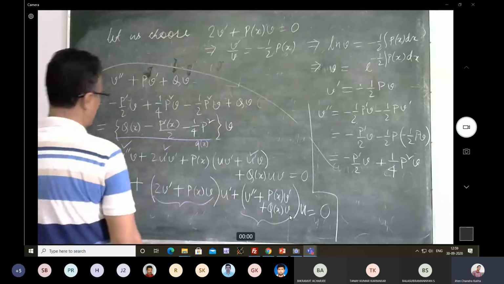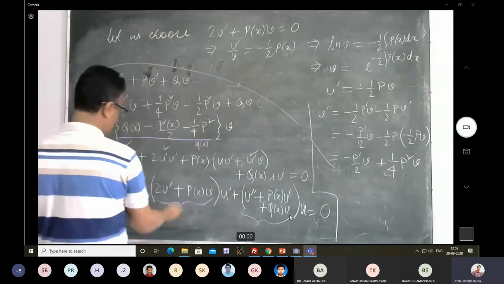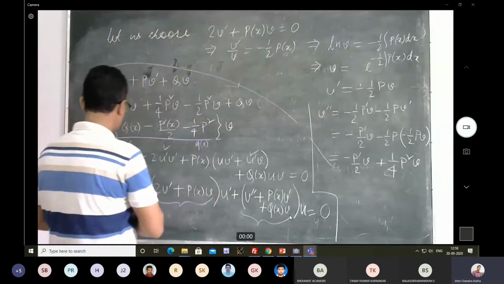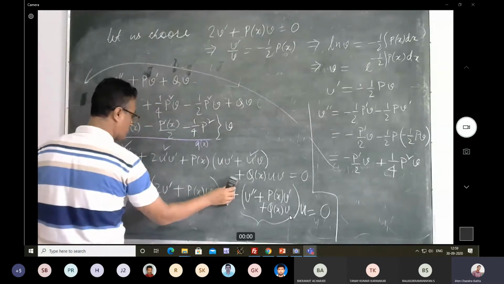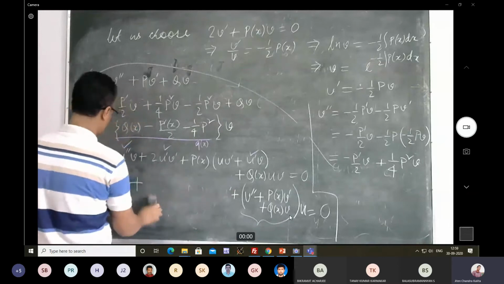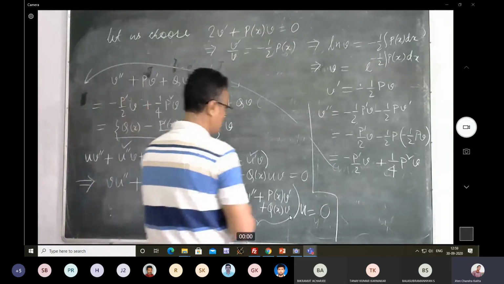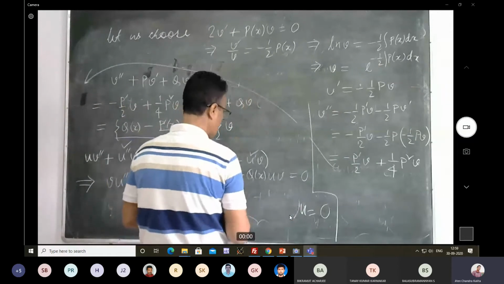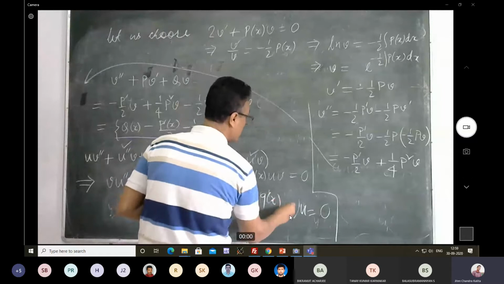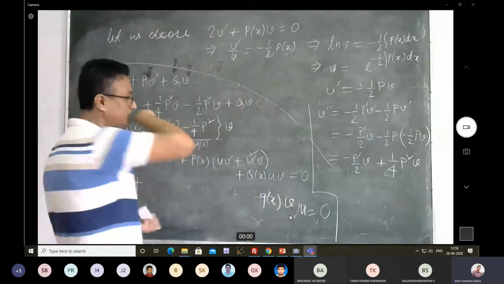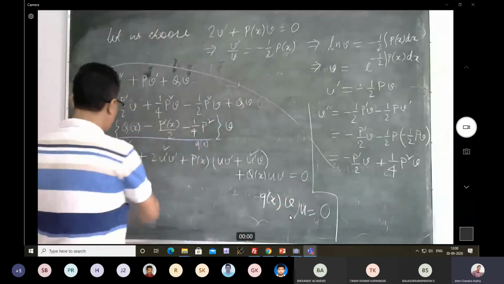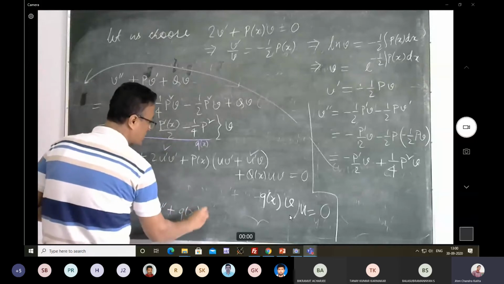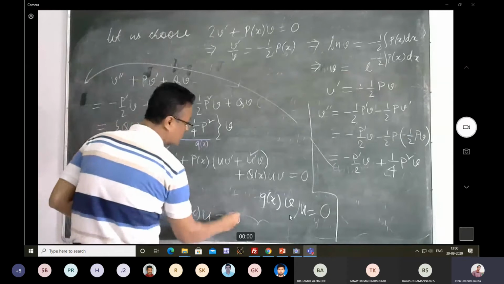Under the assumption that we have taken, that this is equal to 0, this is going to reduce to simply this, and here instead of this, we have got small q(x) v from this term. So eventually my equation is going to reduce to u double prime plus small q(x) u equal to 0.